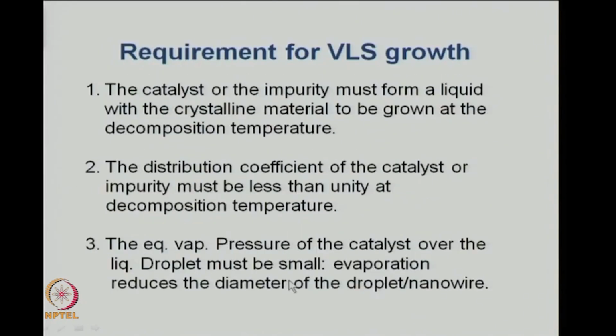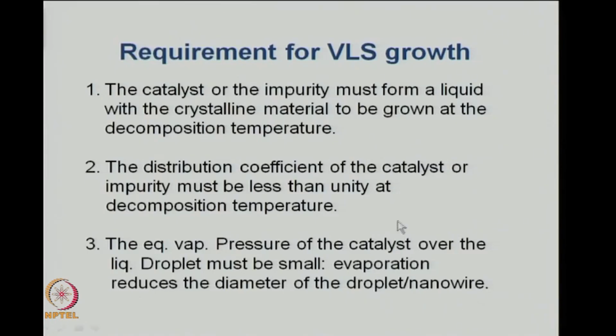Then the equilibrium vapor pressure of the catalyst over the droplet must be small. That means the catalyst should not be evaporating very easily. If it evaporates very quickly, then that will lead to a reduction in the diameter of the droplet, which ultimately will reduce the diameter of the nanowire or nanorod which you are growing.